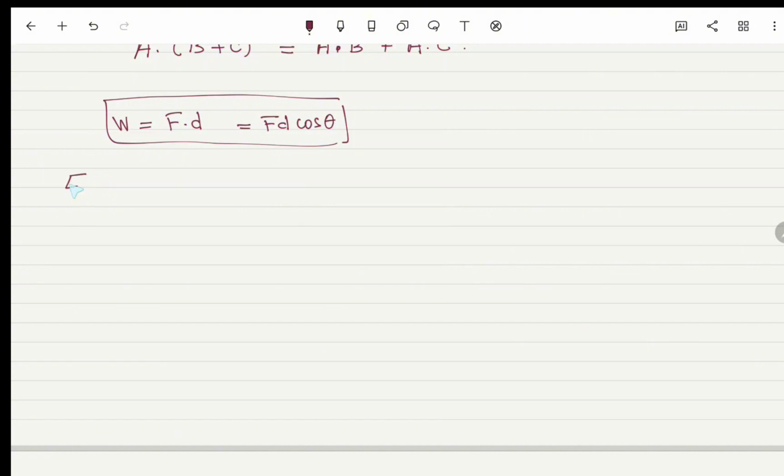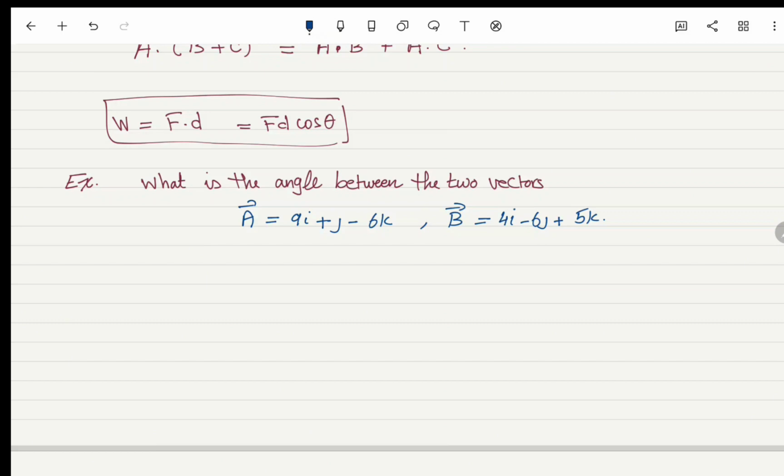Example: what is the angle between the two vectors A, 9i plus j minus 6k, and B, 4i minus 6j plus 5k? Now remember, A dot B equal to magnitude of A, magnitude of B, cosine theta.